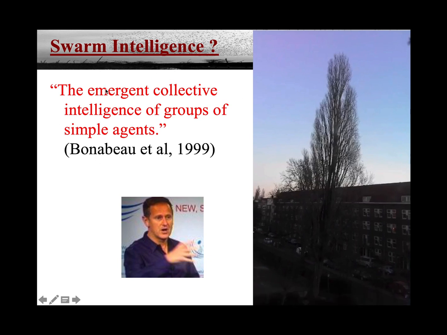So actually the swarm intelligence is due to collective efforts among a group of simple agents. The word simple in this definition is very important because the swarm intelligence is expected to emerge only among individuals of the same capacity.